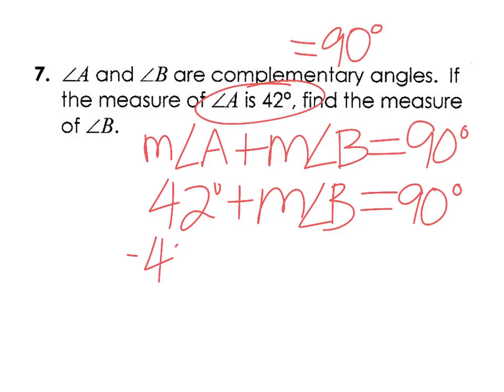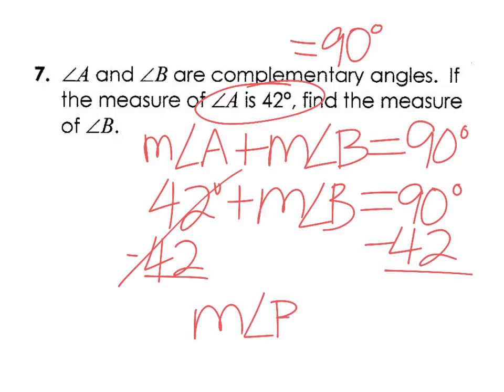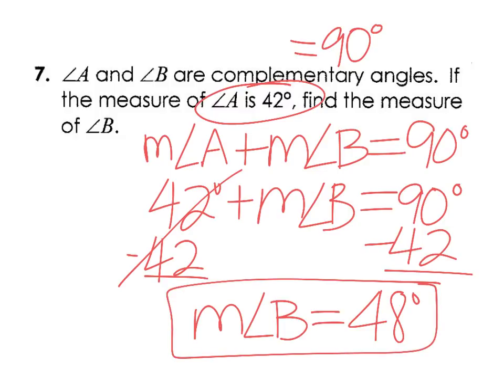Subtract 42 from both sides. These will cancel out. The measure of angle B equals 48 degrees. And you're done. So read through the problem carefully, identify what angle relationship you're using, and set up an equation to solve.